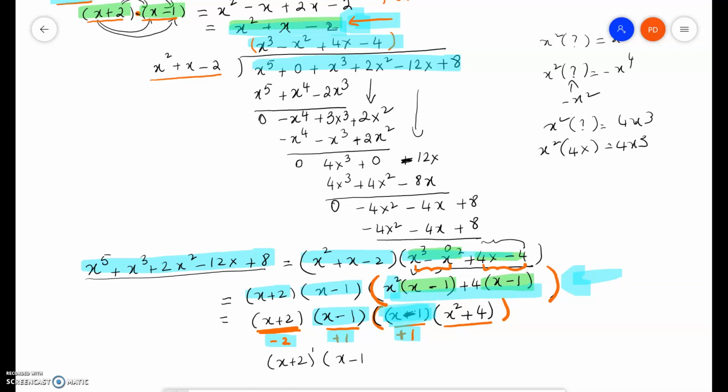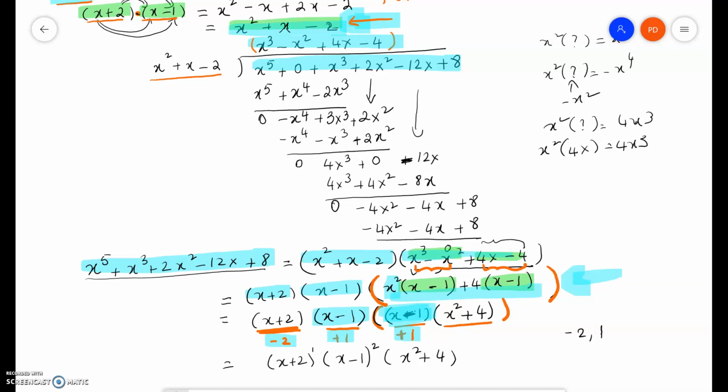But the multiplicity of 1 is even, so that makes sense that it's x minus 1 the whole squared, and then I have x squared plus 4. So far we have 1, negative 2, 1 as the zeros.